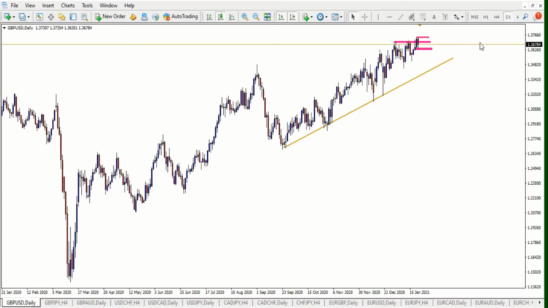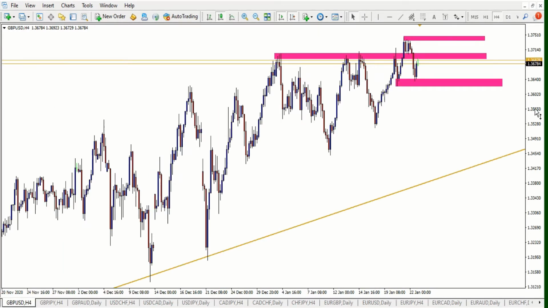So we can see with the GU, we are in an uptrend. Okay, so we are looking for high probability setups, and those are buy setups. We can obviously see that now we have key support resistance zones, which I've highlighted as these deep pink rectangles.